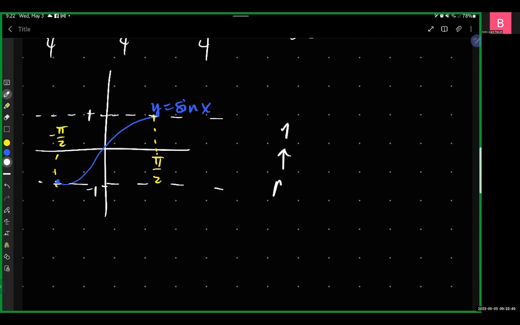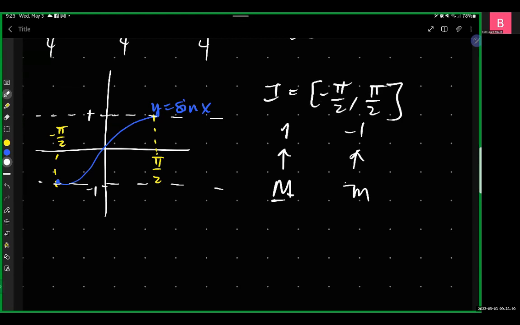So, this is your capital M. Okay? And your small m is going to be negative 1. Kasi siya yung pinakamababang value na nakuha nyo sa lahat ng values na meron si y equals sine of x for the interval negative pi over 2 and pi over 2, we find that the capital M is just 1 and then small m, or the absolute minimum, is negative 1.